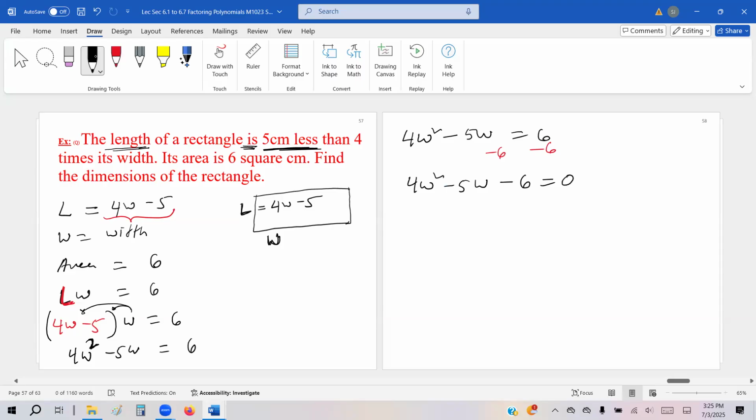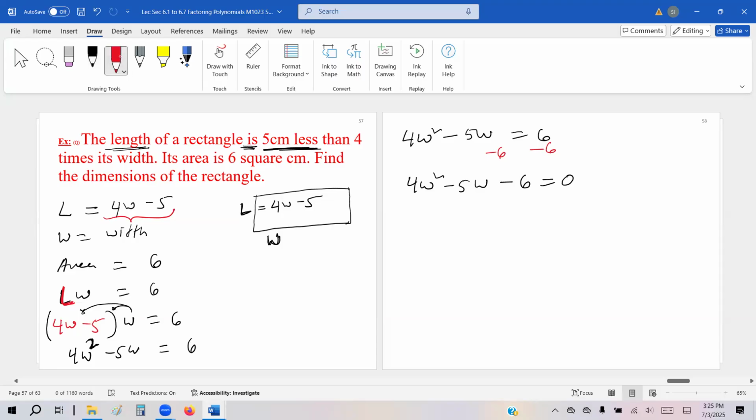Which method should I show you? Factoring? But for factoring, you have to use AC method. It is not directly factorable. For AC method, there are 2 choices: normal AC method or weird AC method. Weird one? I love the weird one.